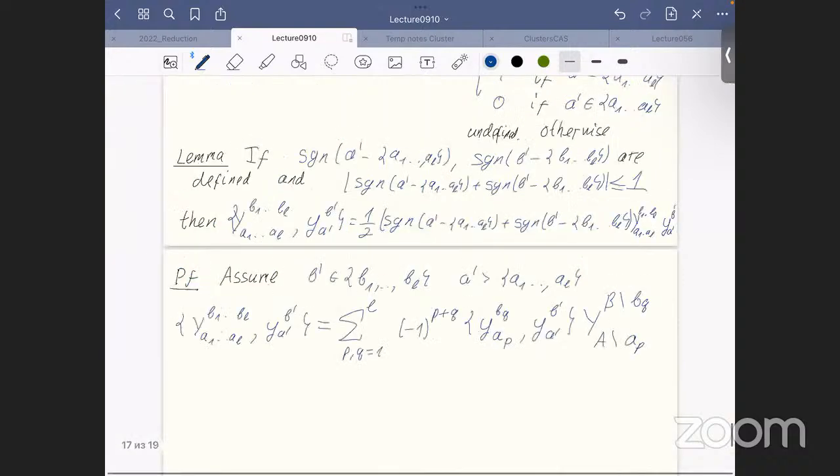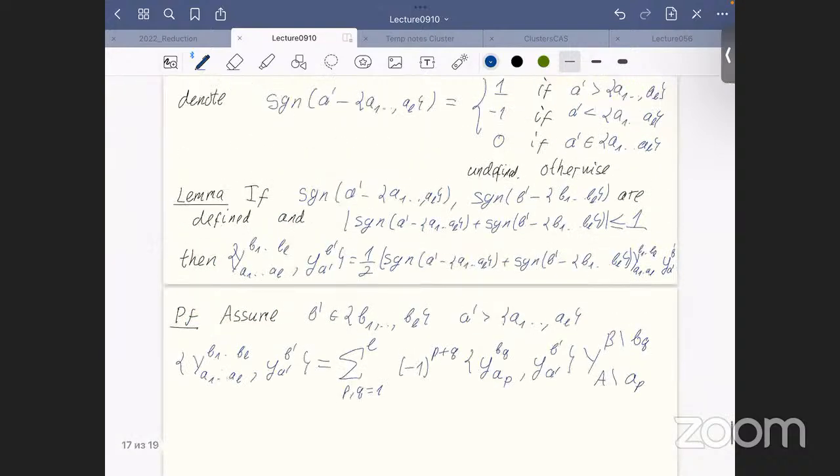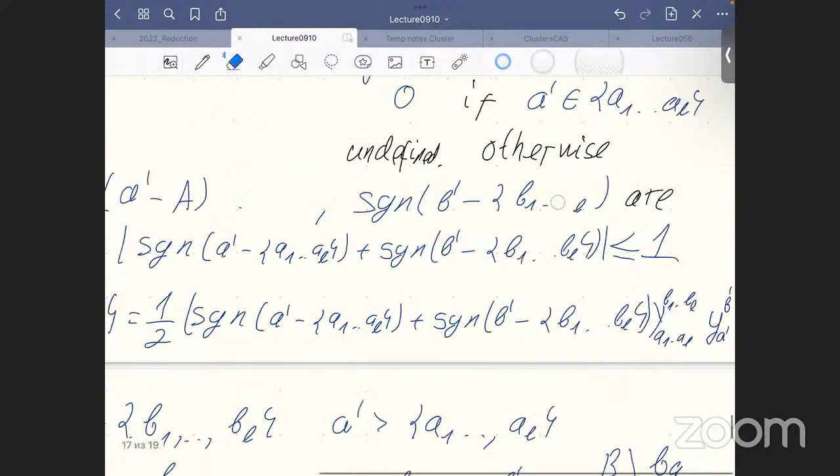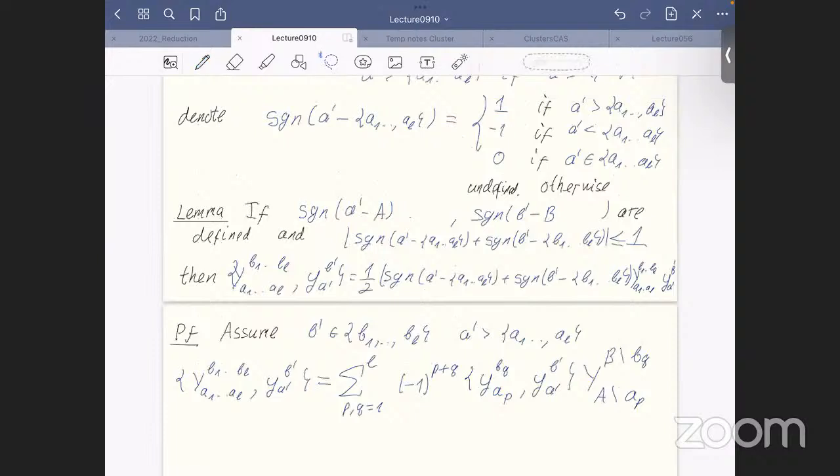Maybe I should introduce this notation from the very beginning. So this set, let me denote by A. And this set I will denote by B. And this notation will save me much space and time.